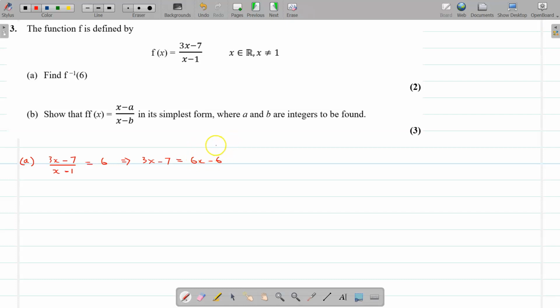Let's take away 3x from both sides and add 6. So that would give me minus 1 on the left, and that equals 3x on the right, and therefore x is going to be minus 1/3.